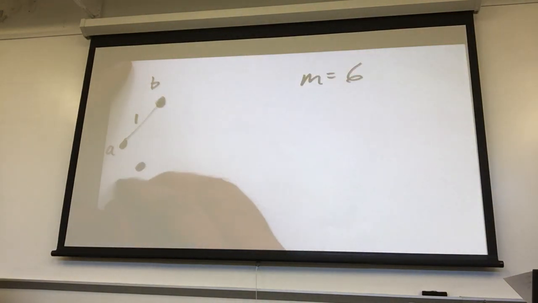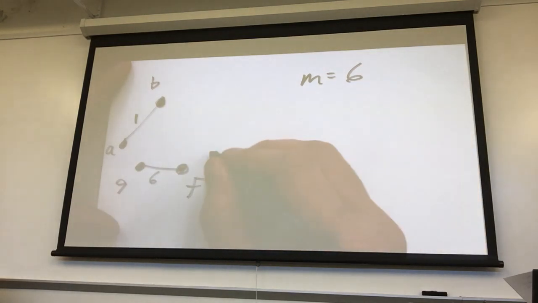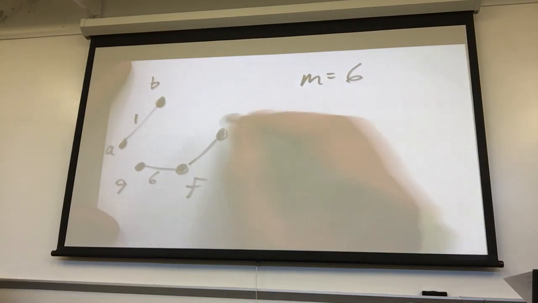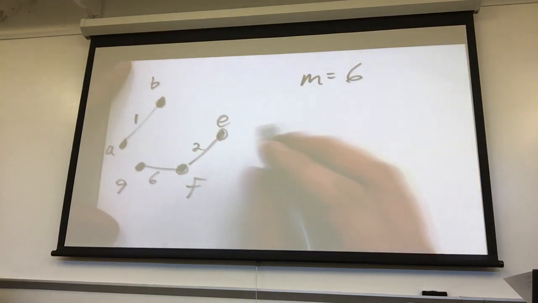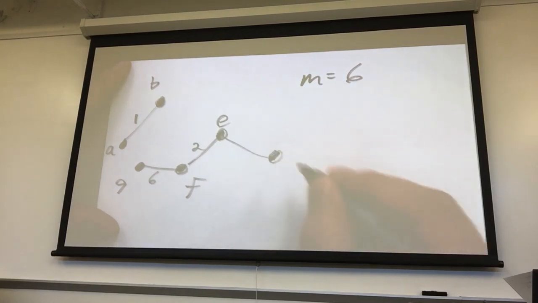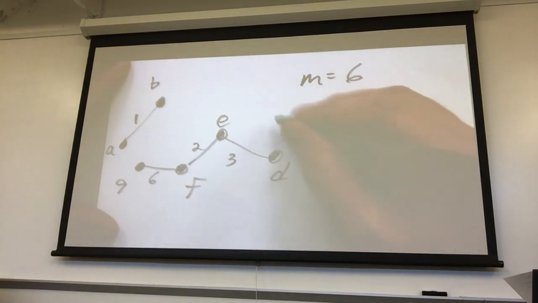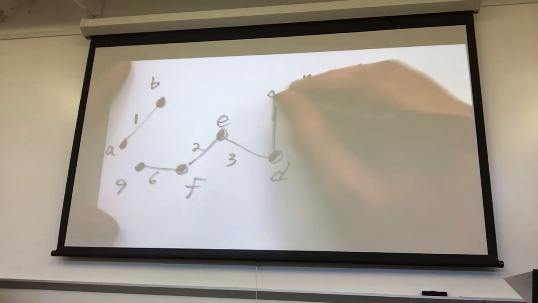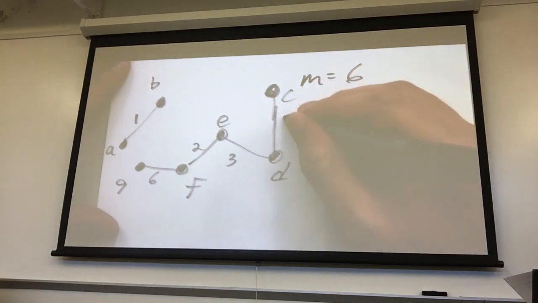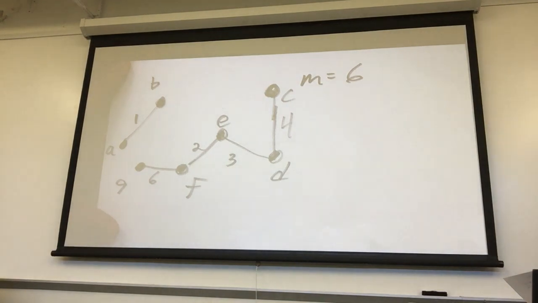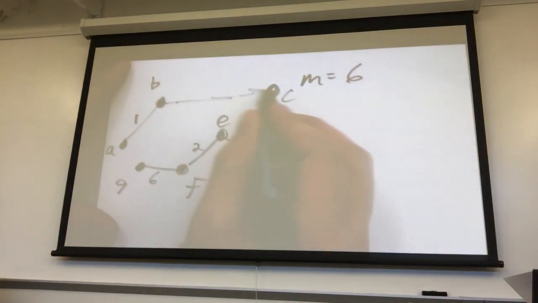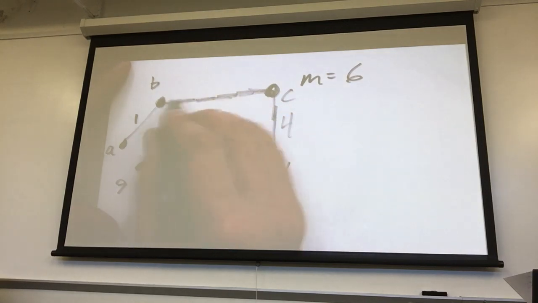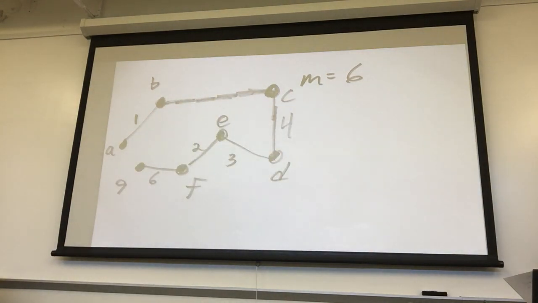We have G connected with F, the length of 6, E connected with F, which had a length of 2, D connected with E, which had a length of 3, C connected with D, which had a length of 4, and B connected to C, which had a length of 7.